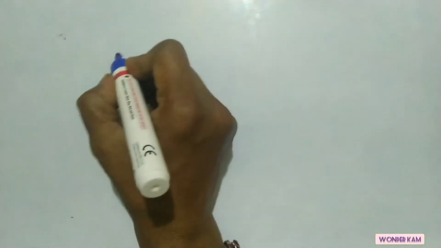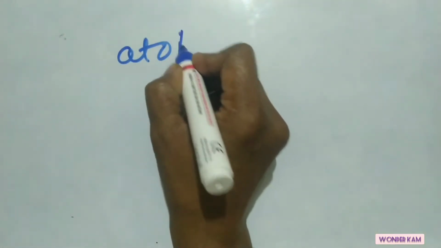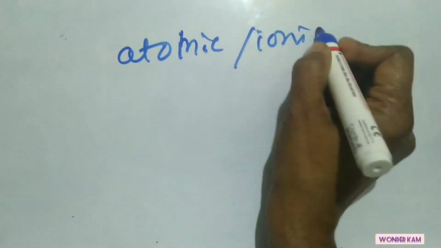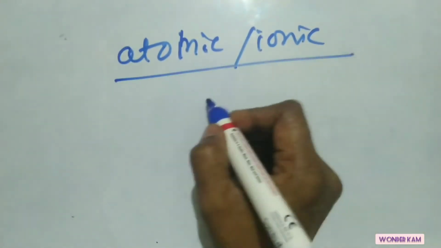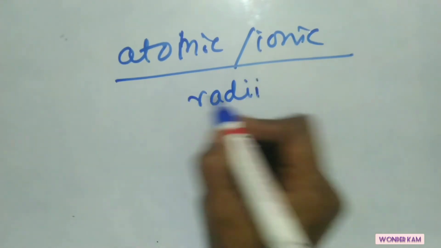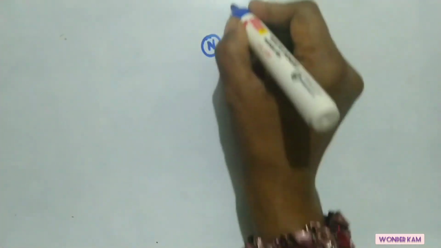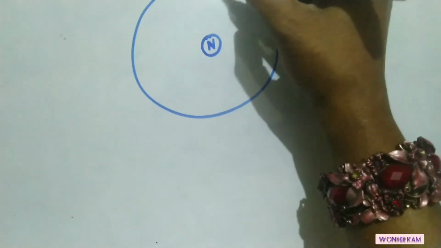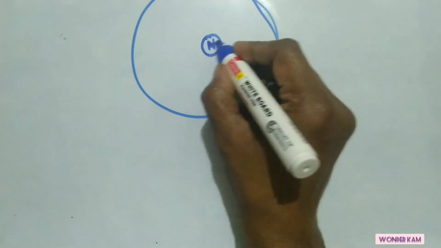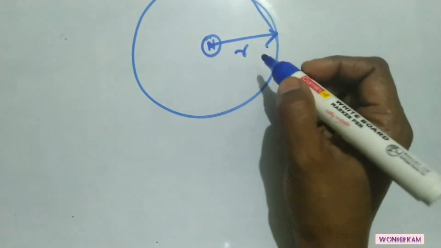The next important information that we get from the periodic table is the atomic or ionic sizes. That means this depends on the radius or radii of different elements. The radius of the atom is nothing but the distance from the center of the nucleus to the outer shell. This is the radius of the atom.